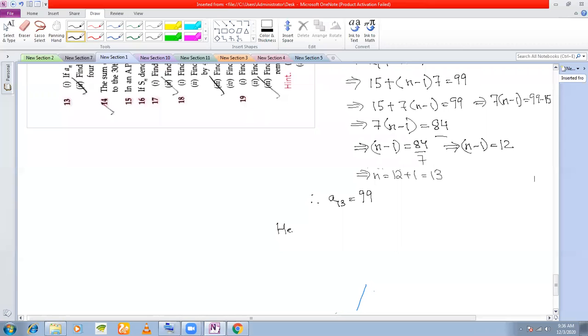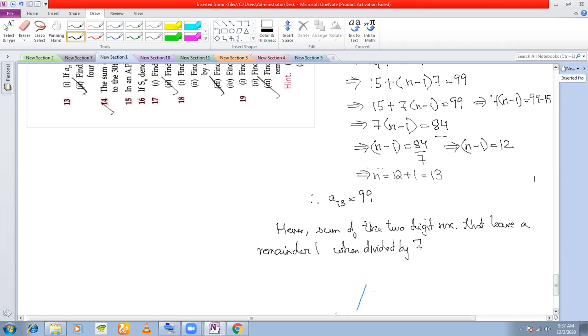So hence, what is S13? Sum of the two-digit numbers that leave a remainder 1 when divided by 7 is S13. S13 is equal to 13 by 2 into twice a1.